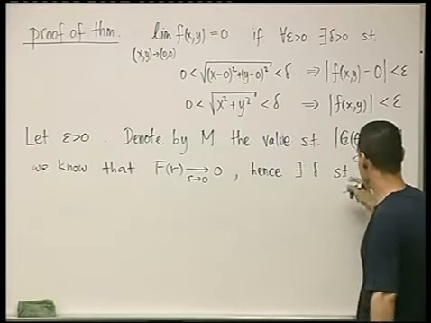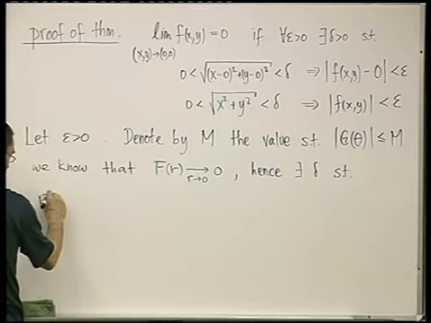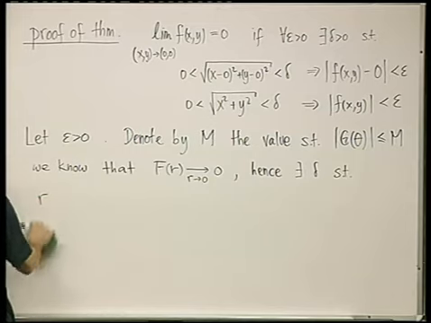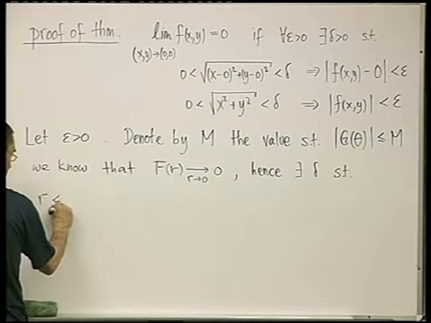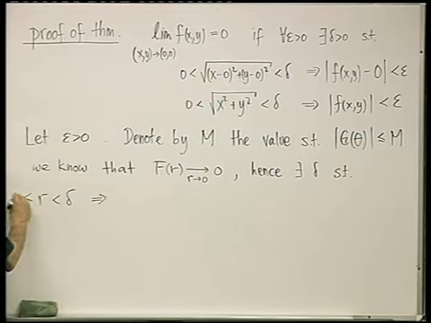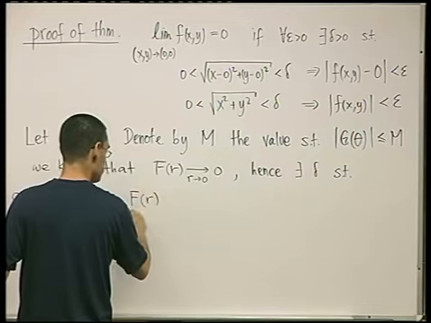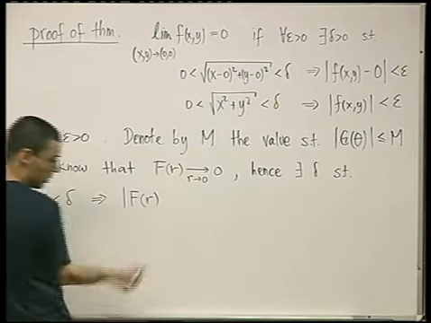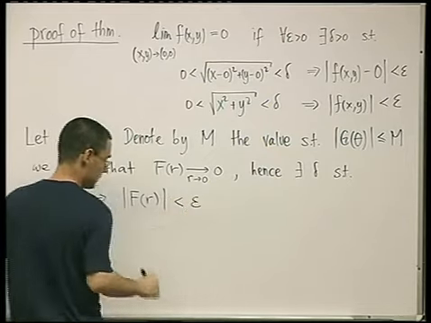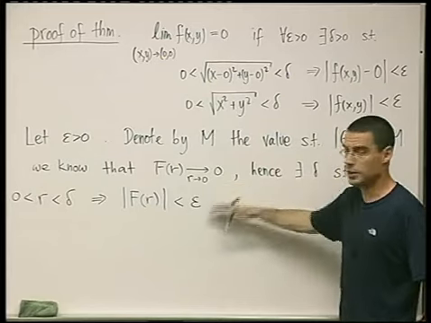So there exists a delta such that if r minus 0, so just r, but r is always positive so we don't need the absolute value, if r is less than delta and greater than 0, then f(r) minus 0, so just f(r), is less than epsilon.